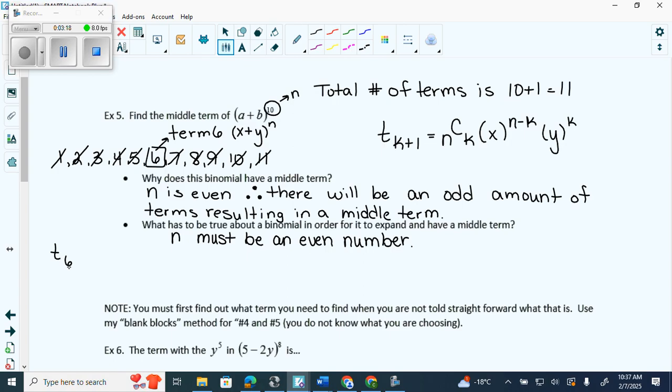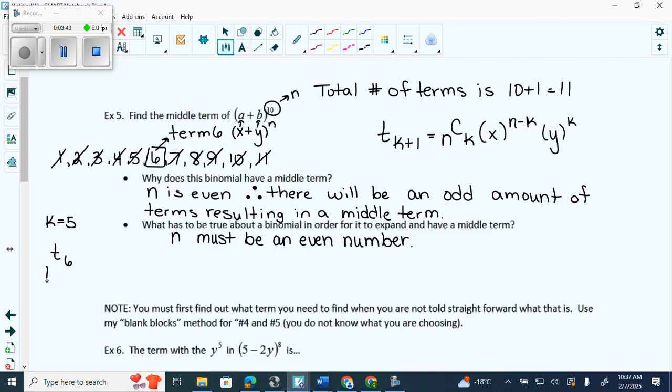In order to fill it into that formula, I need t sub k plus 1, correct? So what does my k have to be in order to get term 6? 5. So we know k is 5. It's the only thing that changes every single term. Our x, our y, and our n are always the same, correct? Our x for this one is going to be a, our y is going to be b, and our n is going to be 10.